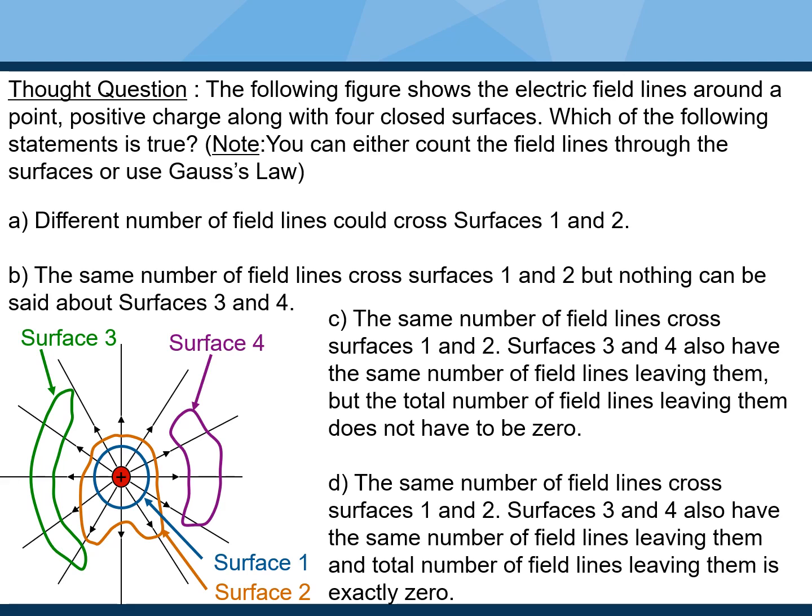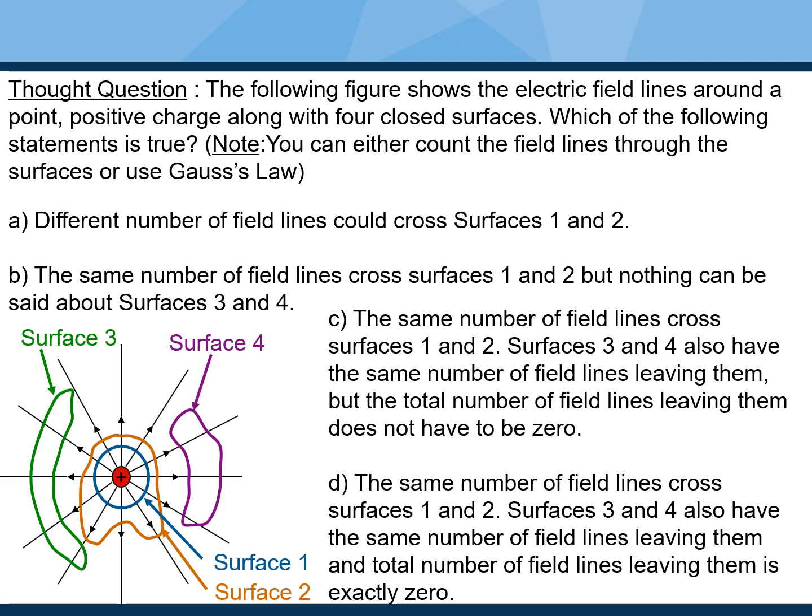Now notice that you can answer this question at a very trivial level by counting the field lines. If we focus on the blue surface, the spherical surface, and the orange surface, surface number 2, we can count them up: there are exactly 12 field lines coming out of that surface.